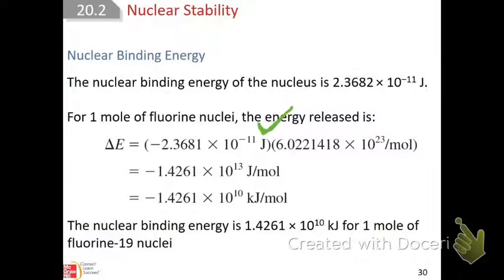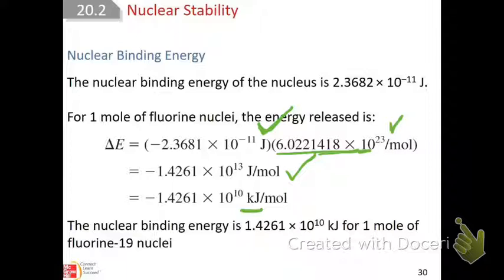It doesn't sound like very much, but now change that into moles. 6.02 times 10 to the 23rd particles in 1 mole, and now you have a significant amount of energy in a mole. And then change it into kilojoules instead of just joules. So that is a very significant amount of energy that's given off in a mole of fluorine atoms just to hold the nucleus together.